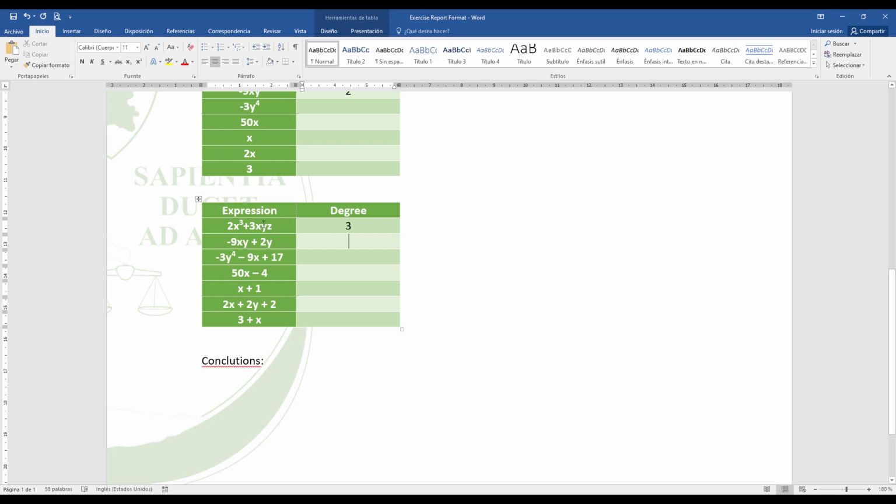Remember, for every term you need to add all the exponents of all variables. Okay, next one. Minus 9x times y plus 2y. This is degree 2, because the first term has a second degree. Remember, when you calculate the degree of an expression, you need to get the highest degree of all terms.